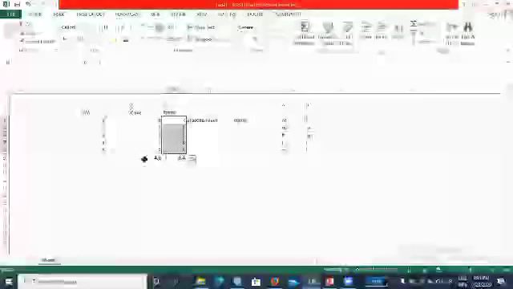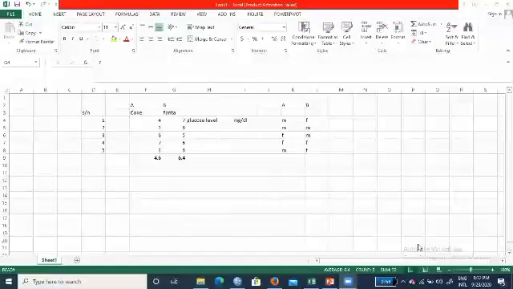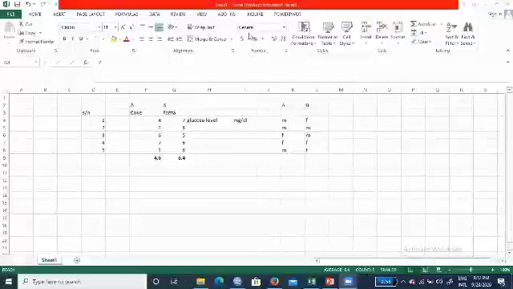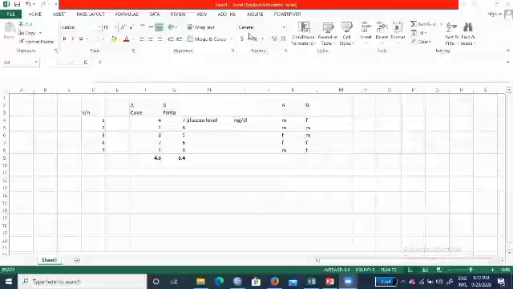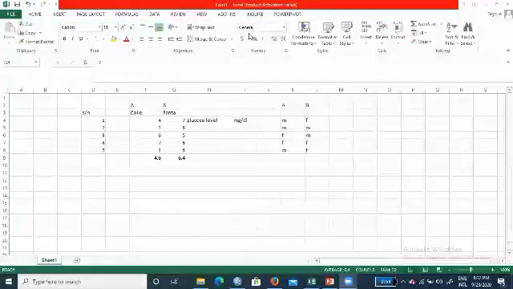Now, by mere looking at it, you will notice that Group A has a lower value than Group B. However, it is not enough for us to totally conclude that there is a difference statistically in the two groups, unless we run the statistics. Just by mere looking at it, you can't conclude that Group A is lower than Group B statistically. So we need to look at it.